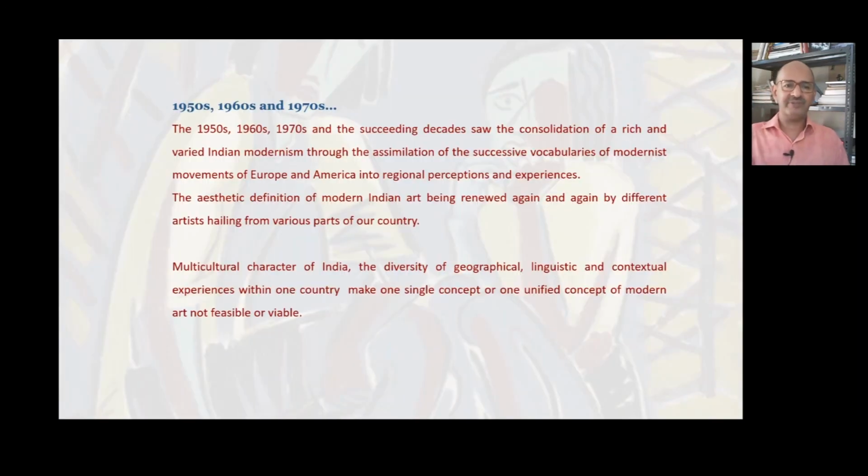So the 1950s, 1960s, 1970s and the succeeding decades saw the consolidation of a rich and varied Indian modernism through the assimilation of the successive vocabularies of modernist movements of Europe and America into regional perceptions and experiences.